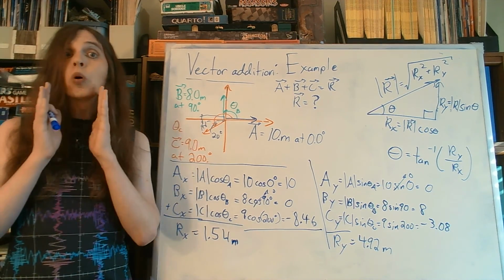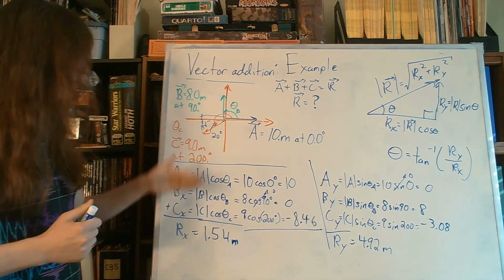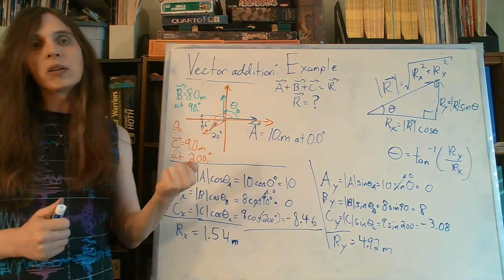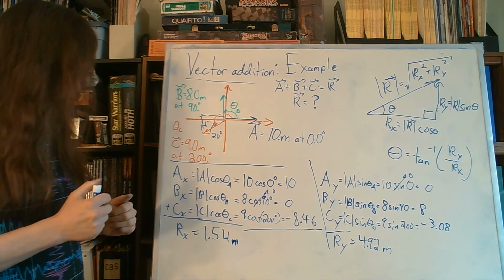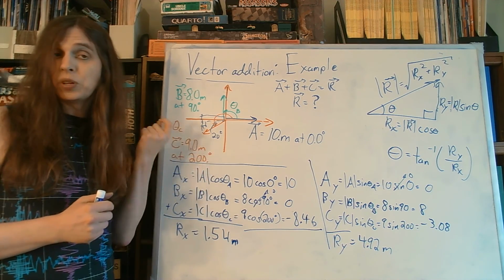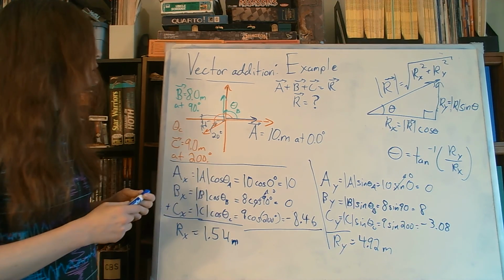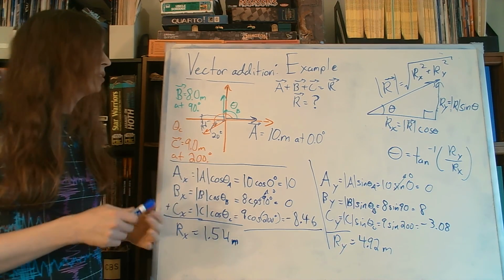Okay, so we're a lot of the way through here. We have determined the x and y components of our resultant vector by adding up the components of the constituent vectors. And now let's follow it through to the end.